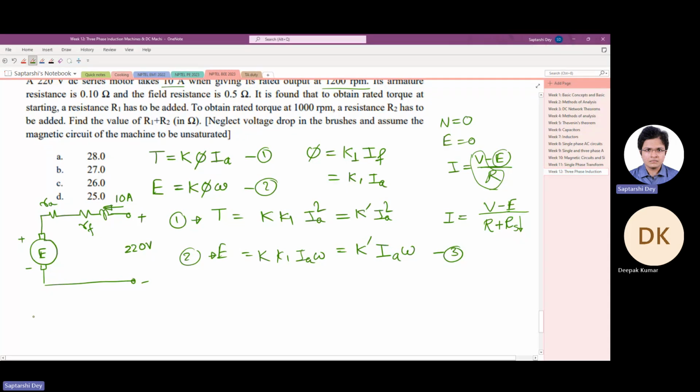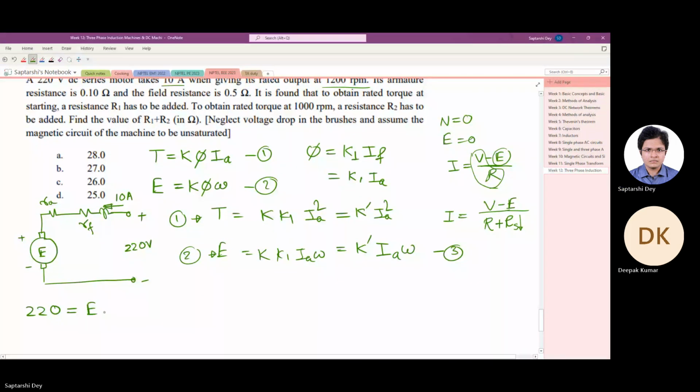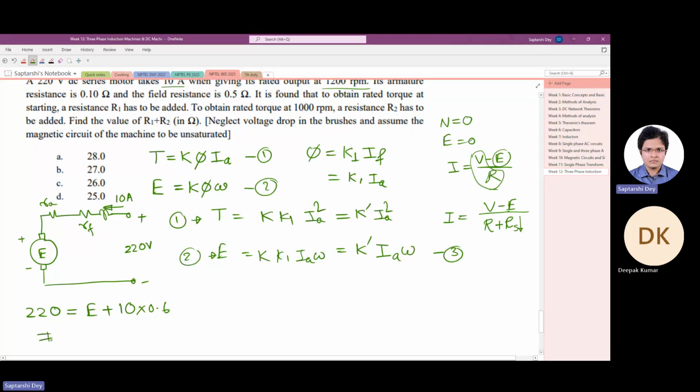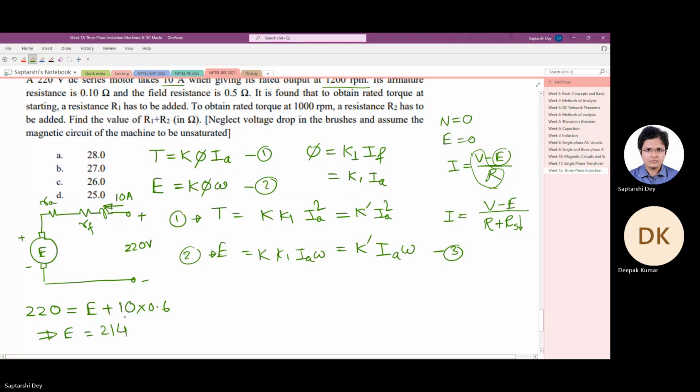What I will get is 220 is back EMF plus the ohmic drop, which is 10 ampere times the two resistances in series, armature and field resistance, which are 0.1 and 0.5 ohm, so 0.6 in total, which gives me back EMF of 220 minus 6, so 214 volt. Here you see the machine is rated for 220 volt. At full load, the back EMF is 214 volt only.